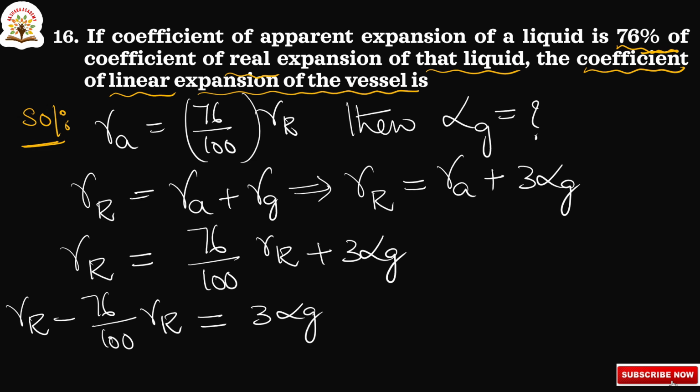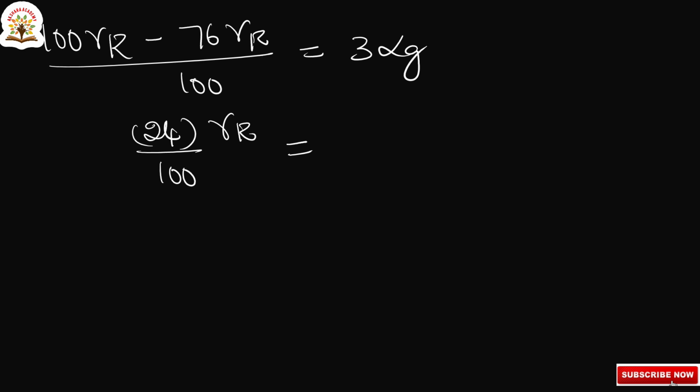Taking LCM, 100 gamma R minus 76 gamma R by 100 is equal to 3 alpha g. 100 minus 76 is 24. So 24 gamma R by 100 is equal to 3 alpha g.